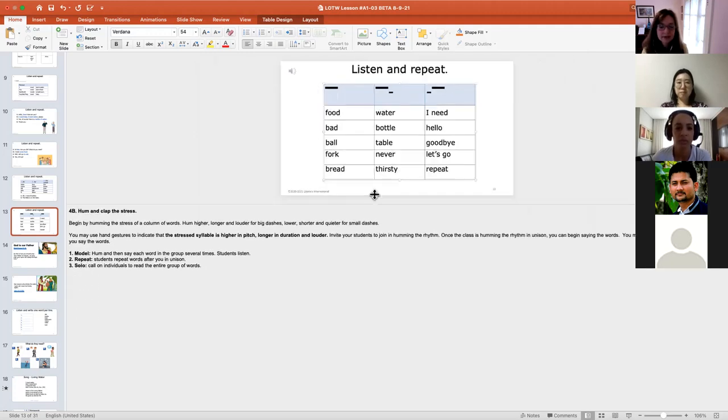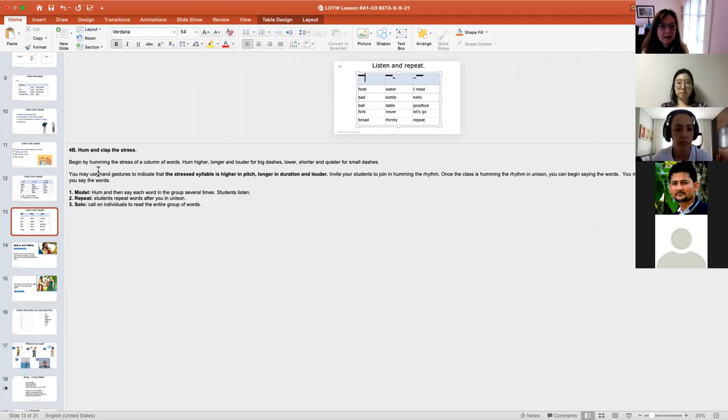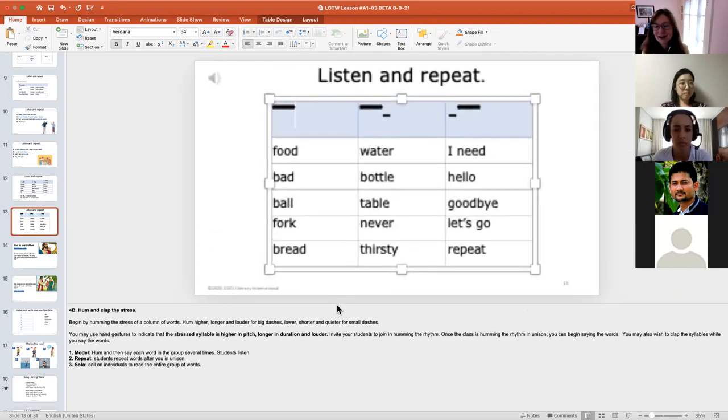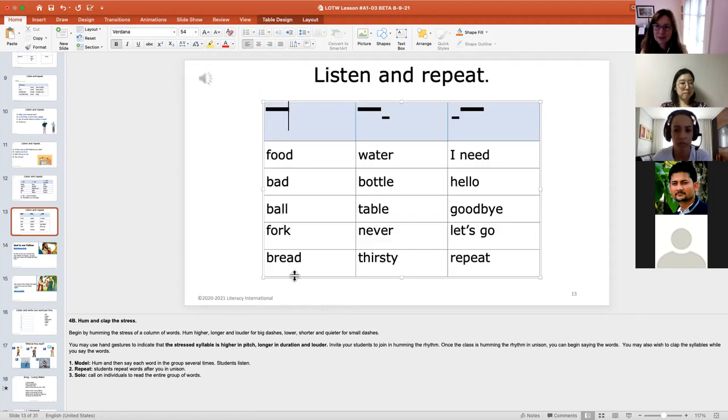So the instructions we've got here: we begin by humming the stress of a column of words. We hum higher, longer, and louder for the big dashes, lower, shorter, and quieter for the small dashes. So there are 3 components to stress. The pitch is higher on a stressed syllable.